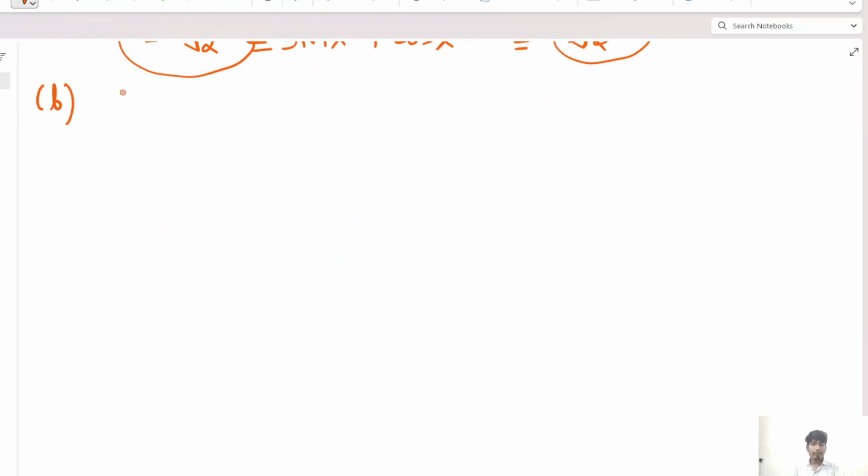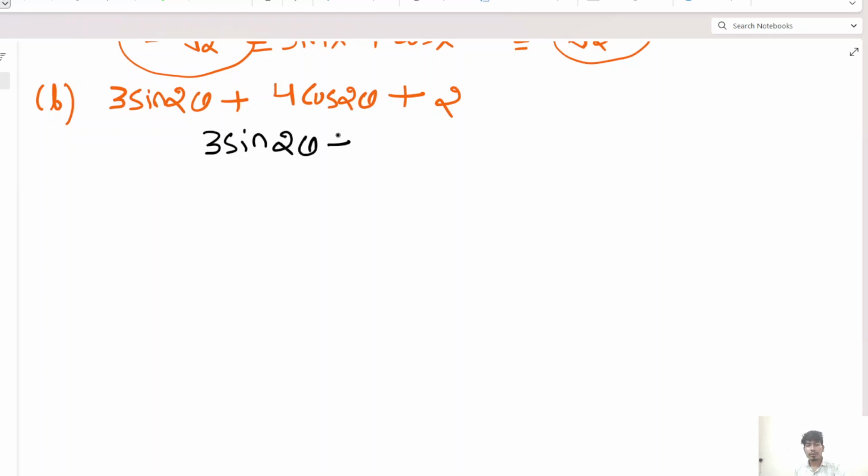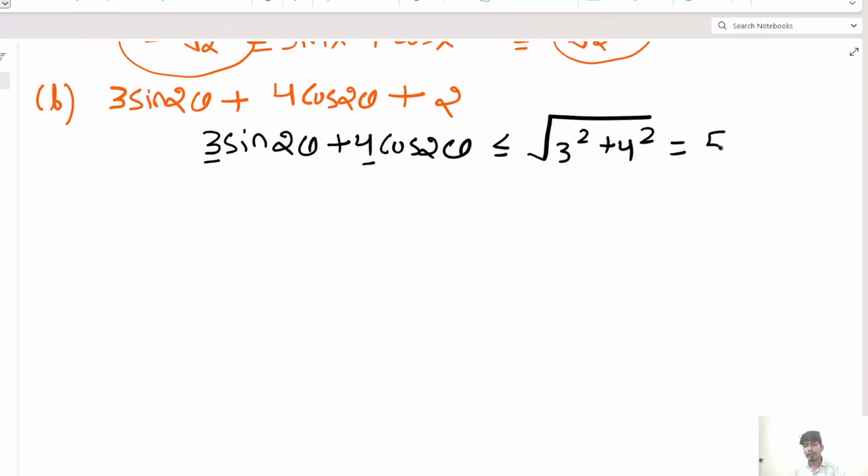Next question, b part. Find the minimum and maximum value of this expression, 3 sin 2 theta plus 4 cos 2 theta plus 2. Let's solve this. Here a is equal to 3 and b is equal to 4. Then this is less than under root 3 square plus 4 square, that is 5, and greater than minus 5.